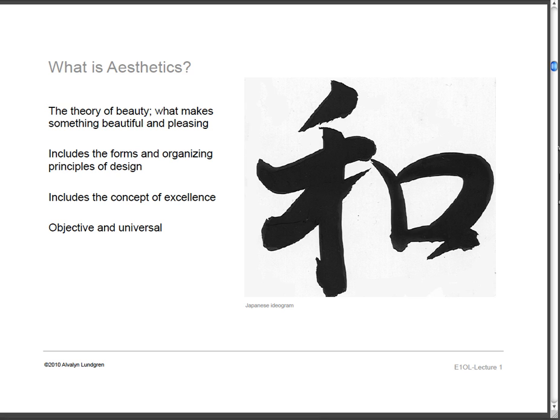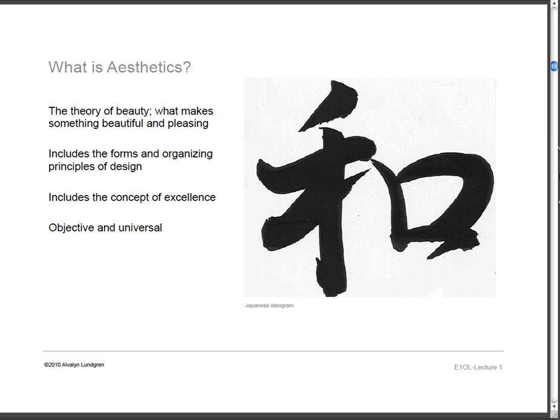One of the things about aesthetics is that there's the issue of excellence. Since beauty is eye appeal, not eye candy, but eye appeal, excellence is involved. Things that are shoddy, that are lazy, that are thrown together don't work and are not beautiful. The other thing to understand about aesthetics is that it is objective, it is universal, it is, shall we say, true for all people in all places, in all cultures, at all times.